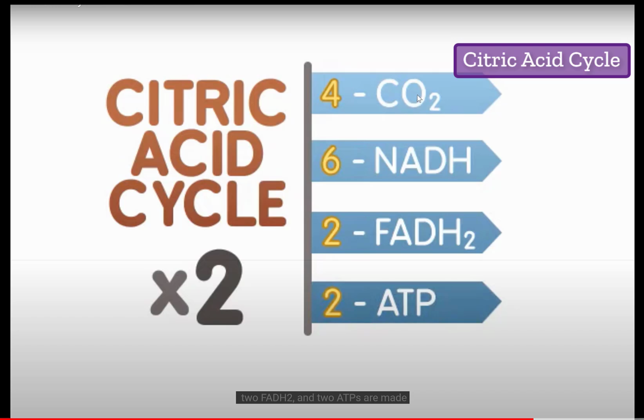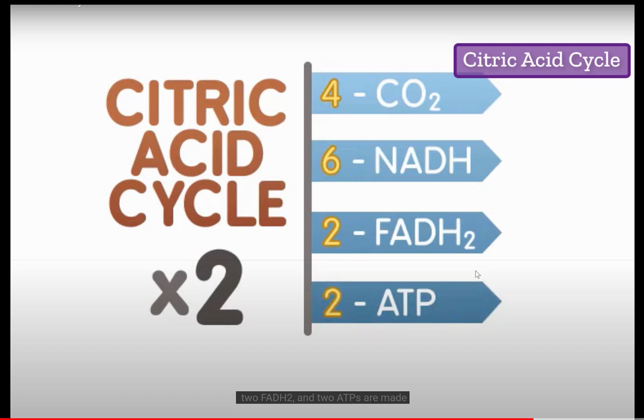Notice that 4 molecules of CO2 are produced here, and she pointed out that the citric acid cycle will run twice for every molecule of glucose, and that's because glucose is broken into 2 pieces during glycolysis. So we have the 2 pyruvate molecules that enter the mitochondria. So be careful with the questions on the test.